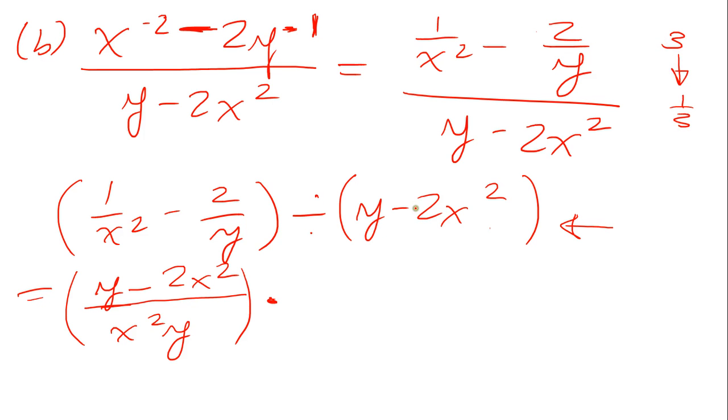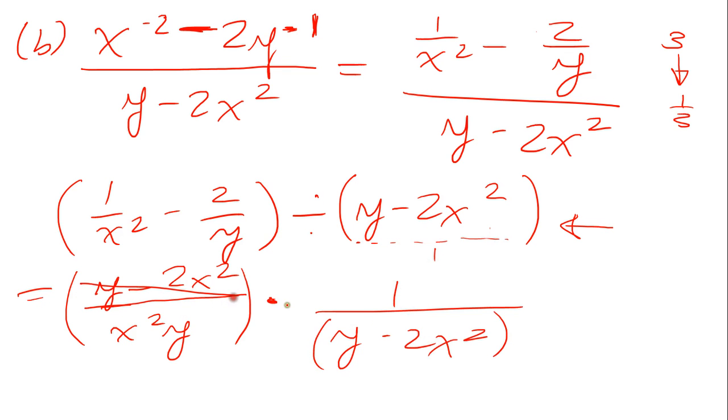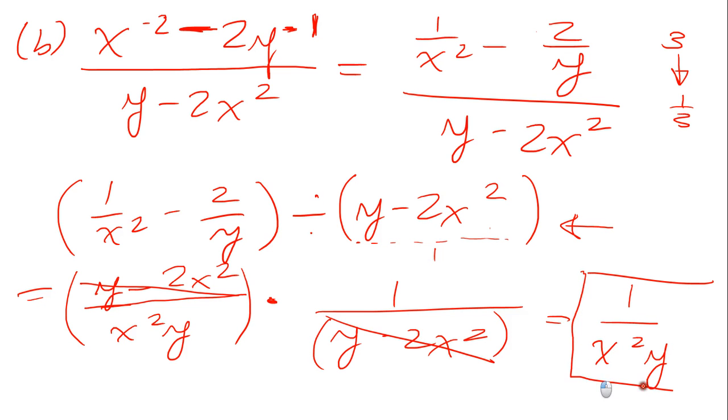The same thing here. If I have y minus 2x squared, that's all understood to be over 1. So I have 1 over y minus 2x squared. So this cancels, and I end up with just 1 over x squared y. And that's the end.